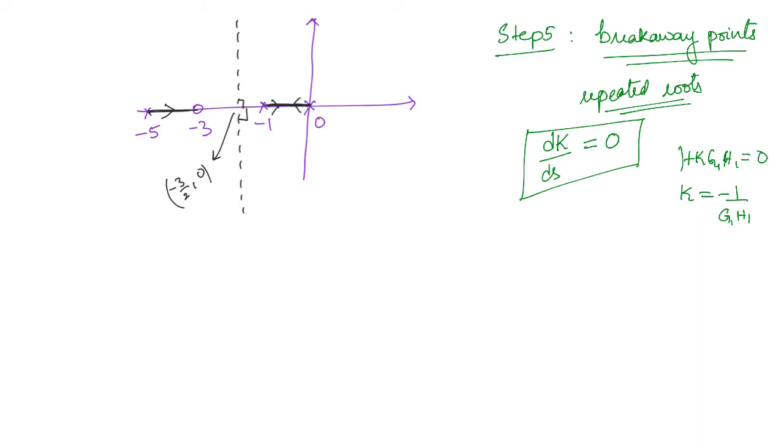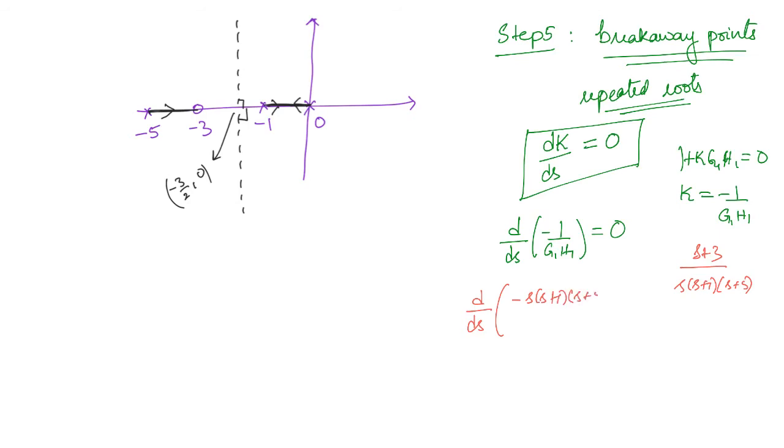So basically what you are doing here is differentiating minus 1 by g1 h1 with respect to s. g1(s) h1(s) is (s plus 3) by s into (s plus 1) into (s plus 5). So here we have to differentiate d by ds of minus s into (s plus 1) into (s plus 5) divided by (s plus 3), and equate this to 0.